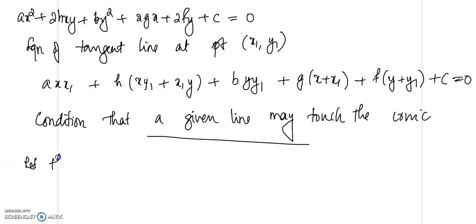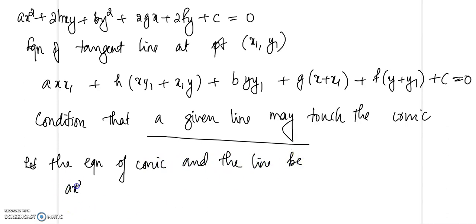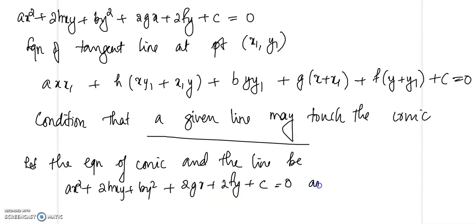So let the equation of the conic and the line be ax square plus 2hxy plus by square plus 2gx plus 2fy plus c equal to 0, and lx plus my plus n equal to 0 respectively.